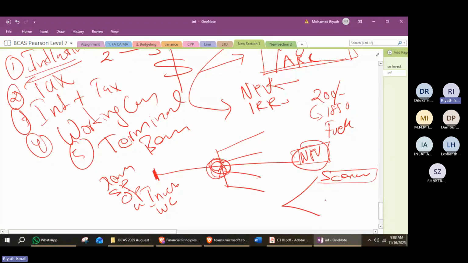And the other thing is sensitivity. Sensitivity means the NPV may differ when there is a 1% increase in material cost. What will happen to the NPV? Or a 5% decrease in selling price, what will happen, right? Some variables are highly sensitive.